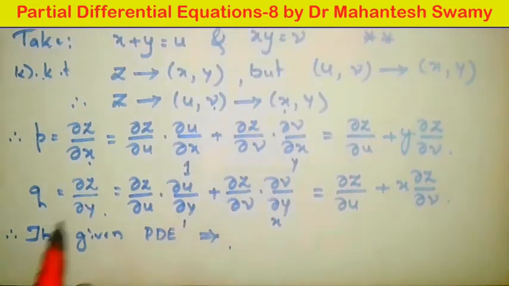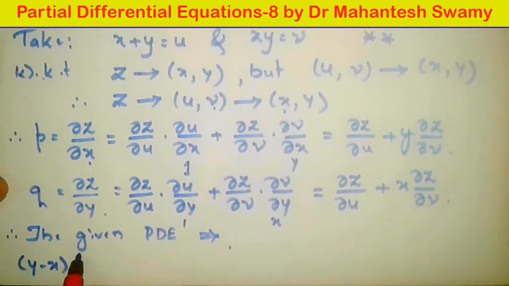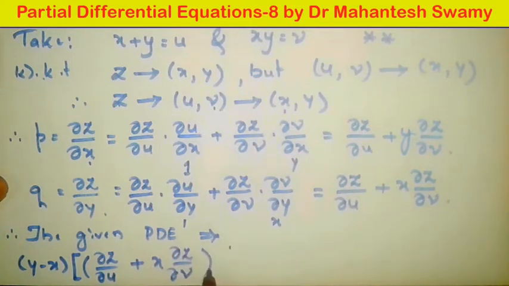So it is y minus x as it is, the first factor, into the bracket, where the q value is here, that is the bracket dou z by dou u plus x into dou z by dou v into y, plus minus.